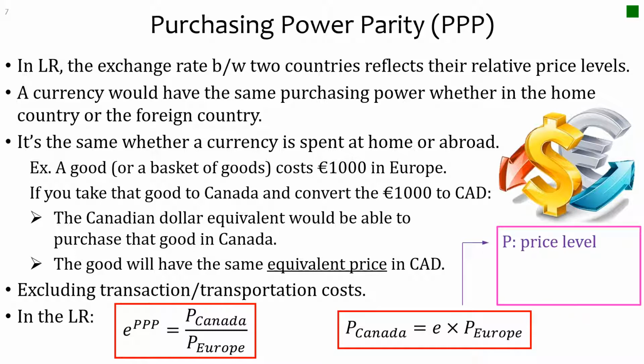The P represents price level, which would be either the CPI or the GDP deflator. If you don't remember what is CPI, write it out. It's Consumer Price Index, right? And both CPI and GDP deflator are price levels. All right, these are average prices of everything. All right, so write these down.